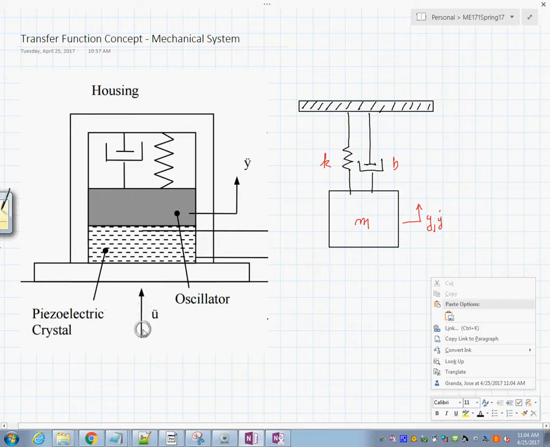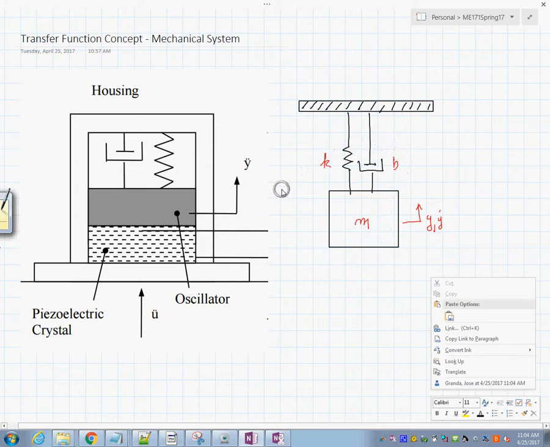You have an input in here from a device or the grounding, let's say, and you have an oscillator here, a simple oscillator with a damping and a stiffness and a mass. In this particular case, when the base moves, it's the same as if we move this base up, and then this is going to move up and down.